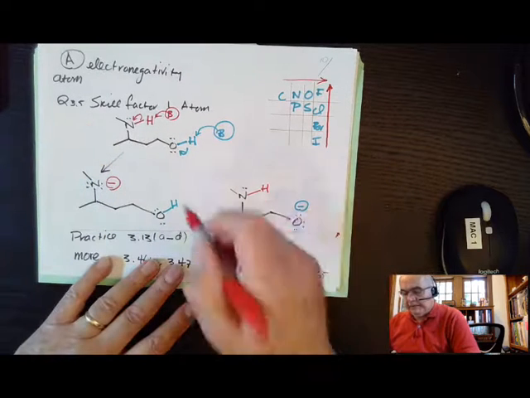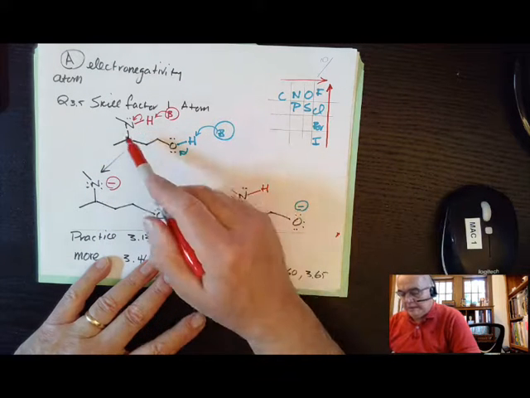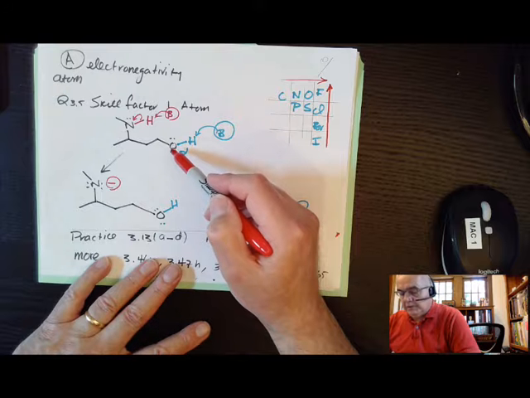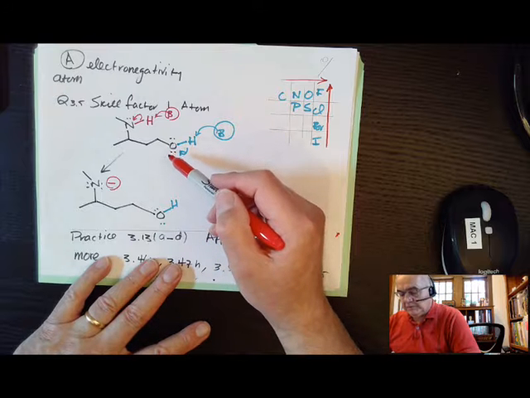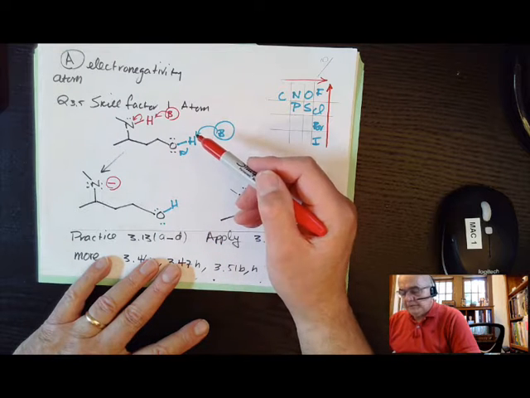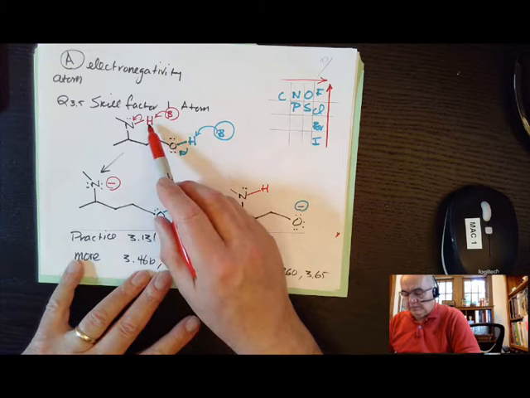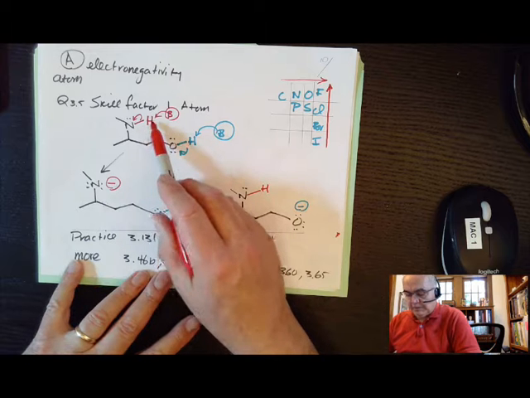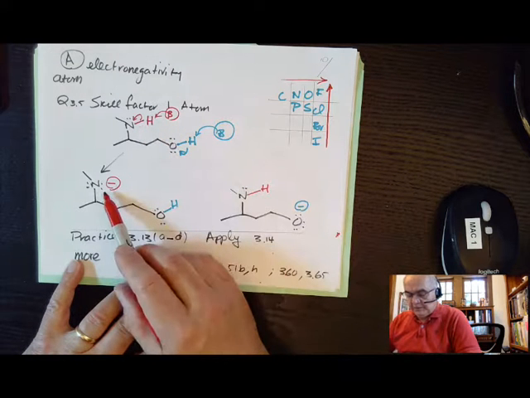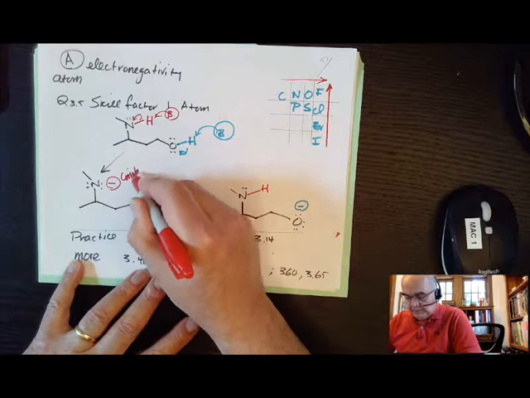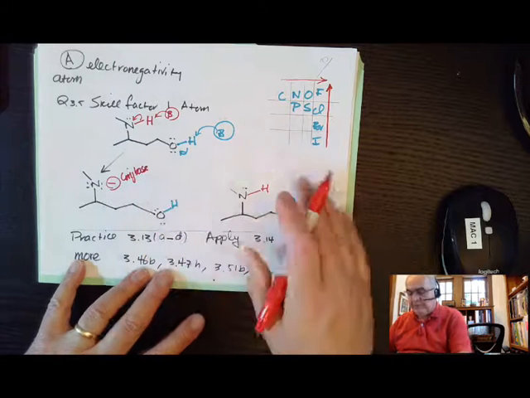So let's say we have a nitrogen and we have an oxygen. I try to use color to show the difference in the different bases that we make. If I remove the red hydrogen from nitrogen, I make the conjugate base here. So this is my conjugate base. I separate them from each other.